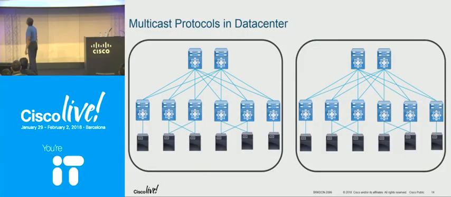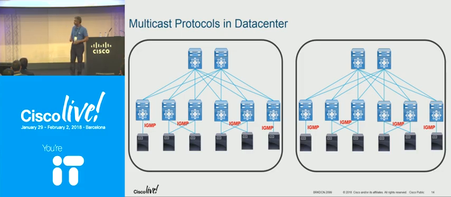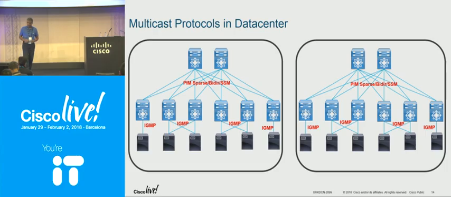So this is a quick view about the multicast protocols in data center. IGMP is a protocol which basically is used by the receivers to signal or express their interest to receive the data stream. So in most data centers, and even the Nexus switches, support the IGMP protocol. And these are some of the commonly seen protocols in a data center.